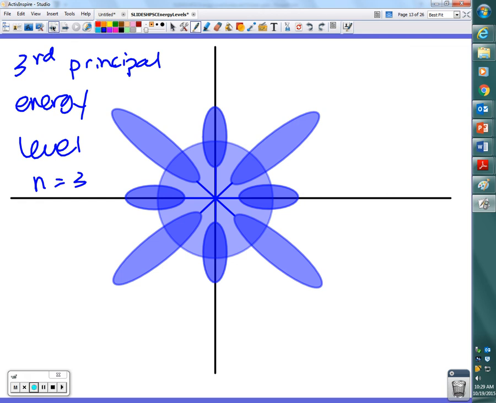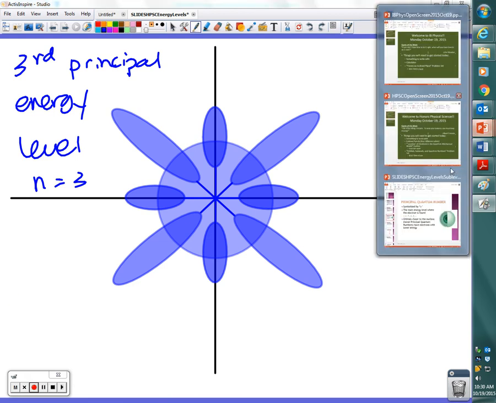The sphere, 3 figure eights, and then 5 butterflies, okay? I don't have all 5 butterflies drawn there, obviously, because it gets really complex. But yes, if we're talking about actual number of orbitals, that's how we would count them, okay? All right, good there.